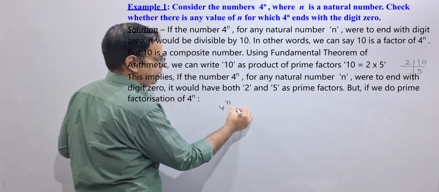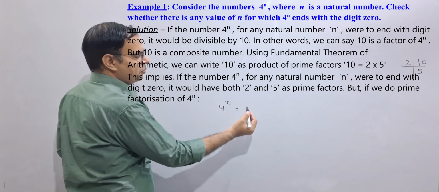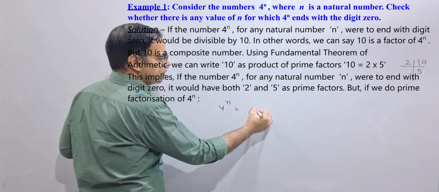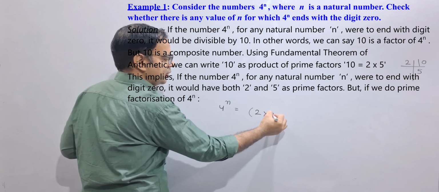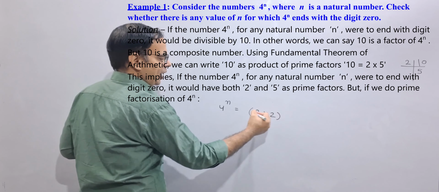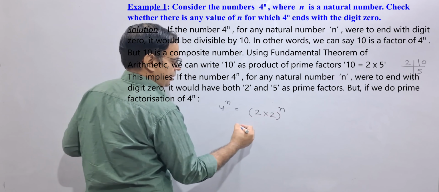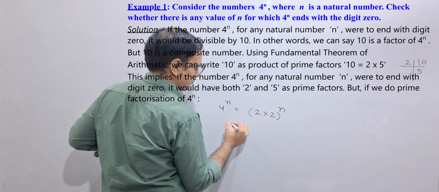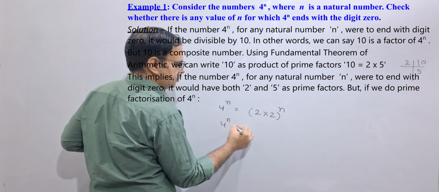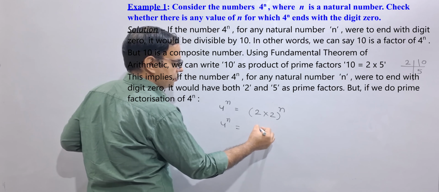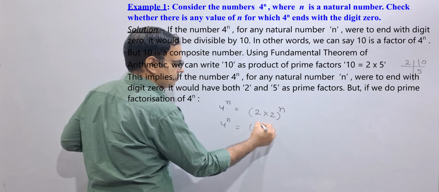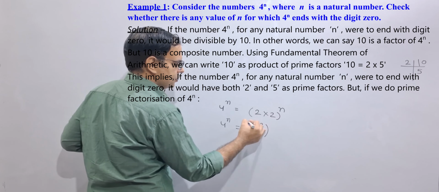4 raised to n. 4 is also a composite number. So we can write 4 as 2 multiplied by 2 as prime factors, raised to n. Or we can write 4 raised to n as 2 raised to 2, raised to n.